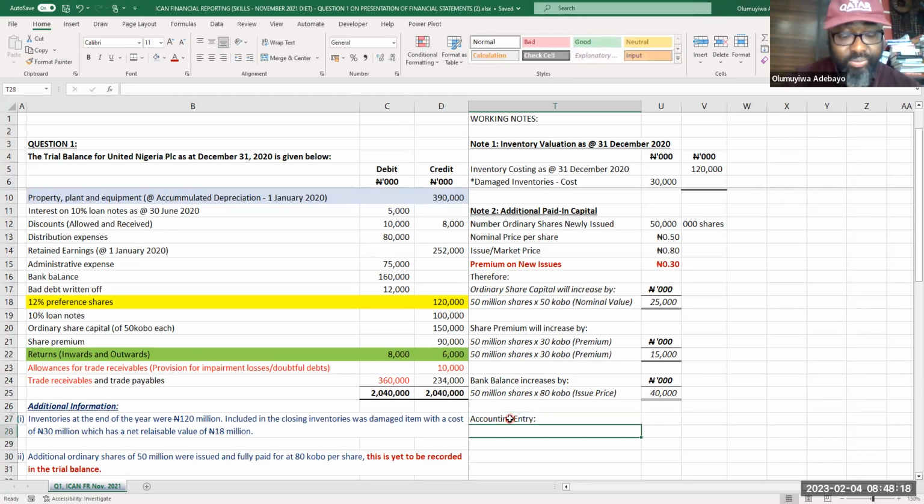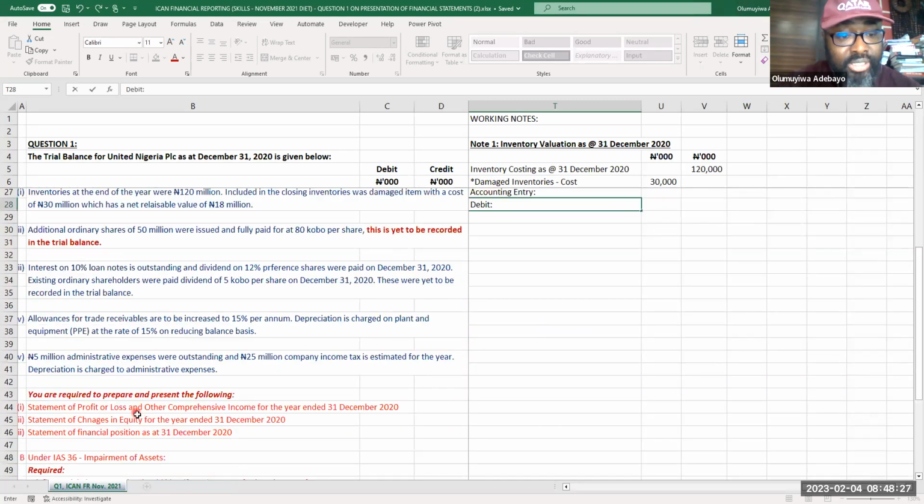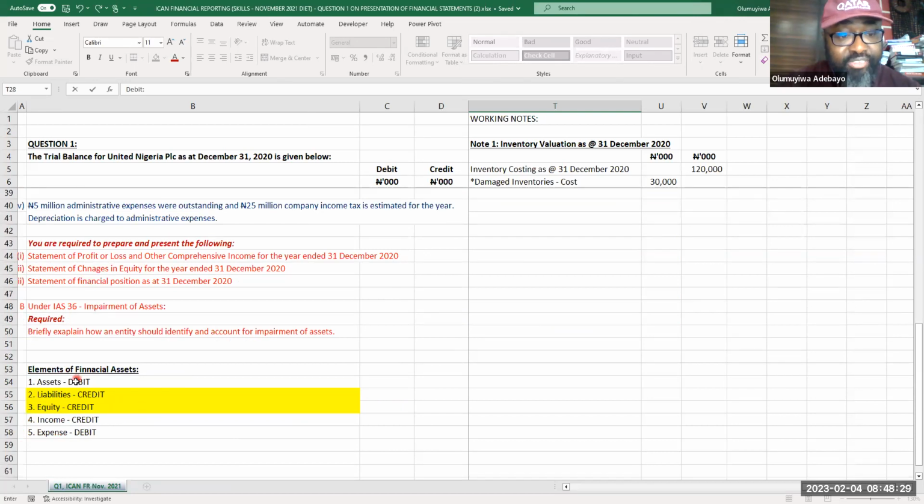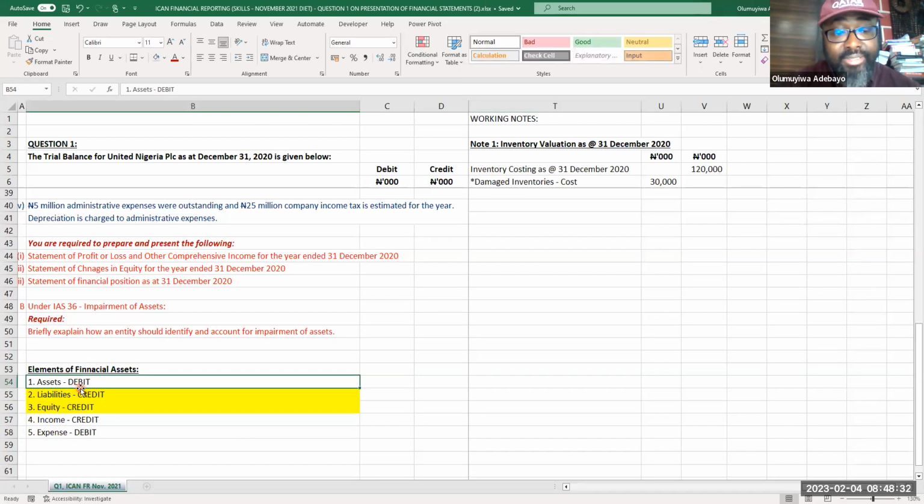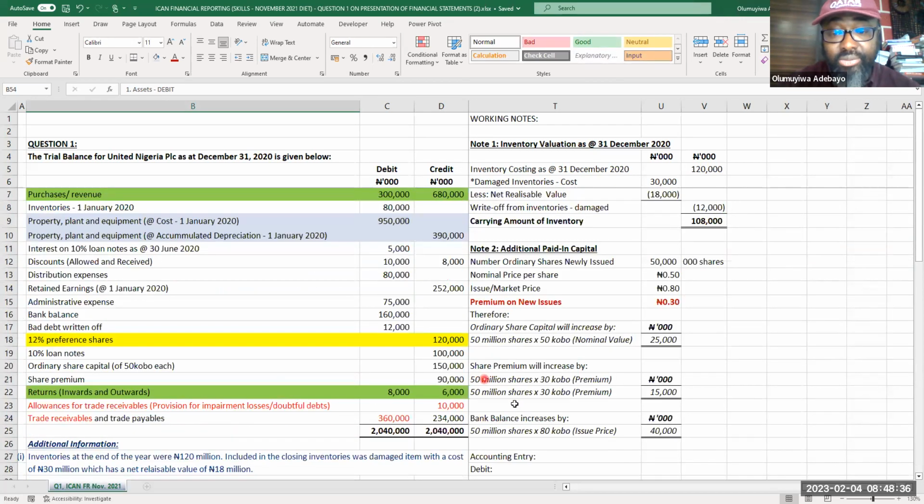The accounting entry is as follows. Debit: we are the one issuing shares. Therefore, we have to debit our assets for getting more cash into our bank account.